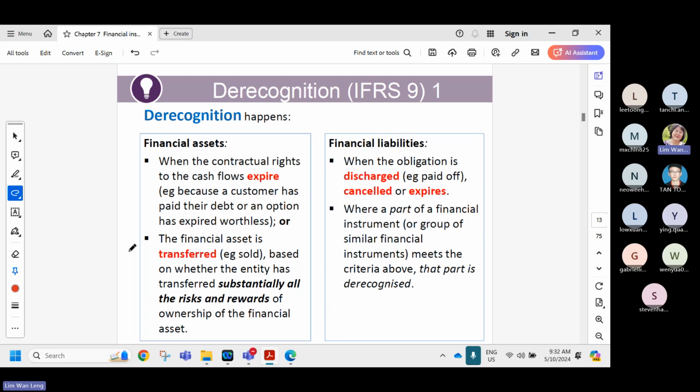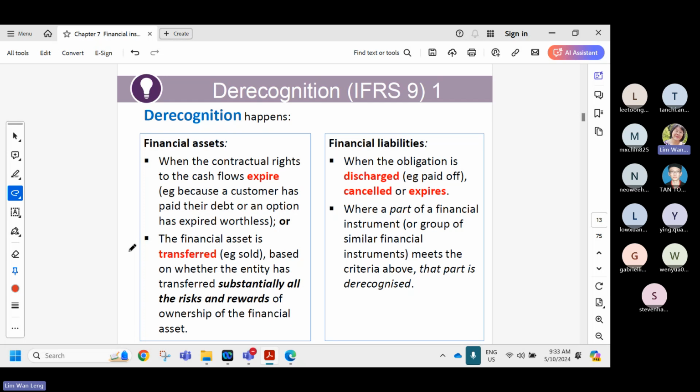Then we can look at derecognition. So derecognition means what? When you want to remove them from the books, or you record because it fulfills the definition. And when do you record? When the entity becomes a contractual party, when it becomes a party to the contractual obligations.